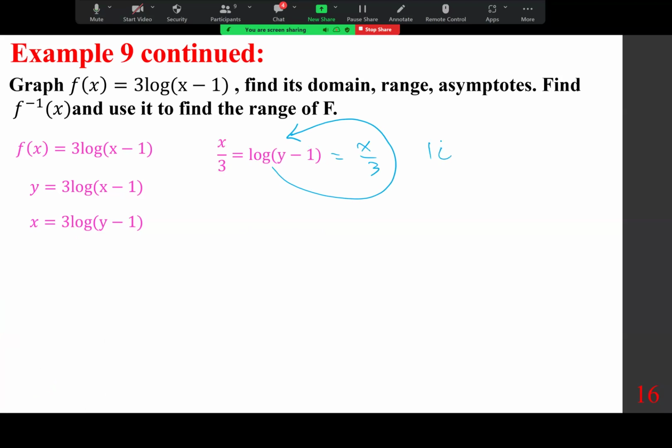So that means 10 to the power of x thirds equals the argument of log, which is y minus 1. Of course, we're going to work on that. But my point being, I want to show you how to go from logarithmic format to exponential format using the arrow process I showed you.